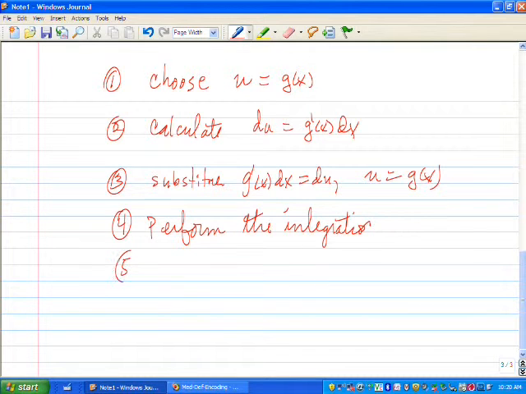And then finally substitute u equal g of x. So let's do several examples.